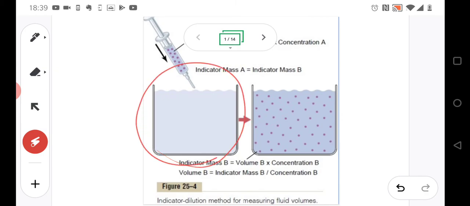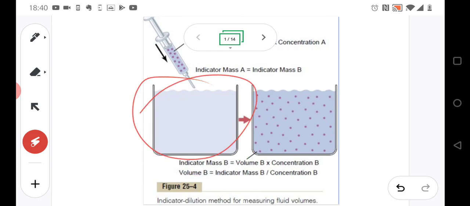So the concentration depends on the amount of the substance that we add, but that is fixed, it's always the same, and on the volume of fluid. So by knowing the amount of substance that we inject and by knowing the concentration, we can easily calculate the volume. This is the idea behind this principle.